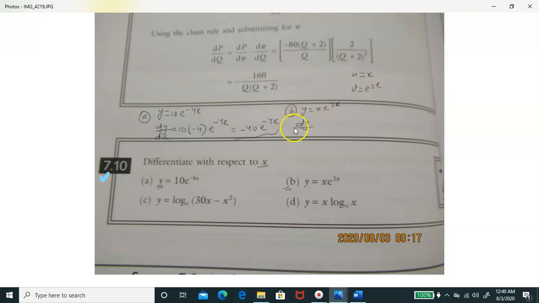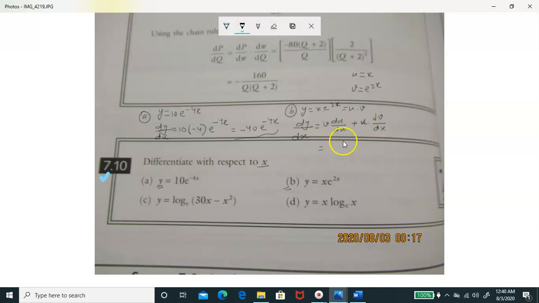So using the product rule, we know that this is u times v. So in the product rule we differentiate u with x, and then multiply, add, this is u, and then differentiate v with x. See that?